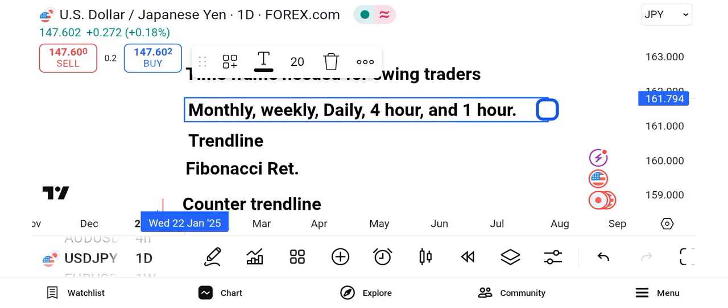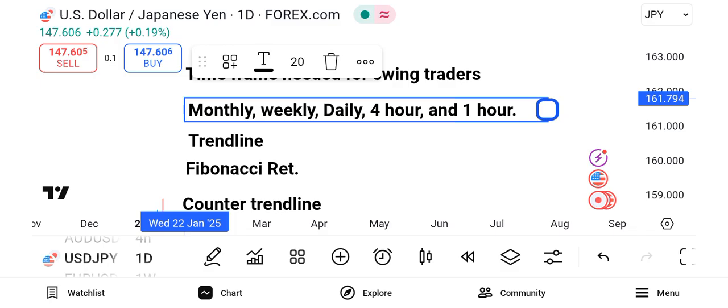Monthly is just for you to see the candlestick pattern. Is there any morning star or evening star, or are we having a bullish engulfing or bearish engulfing on the monthly?